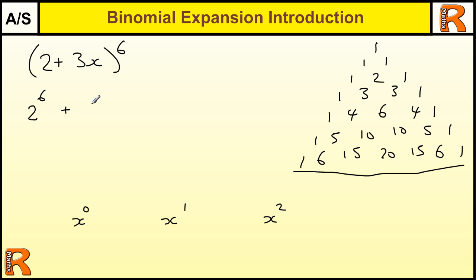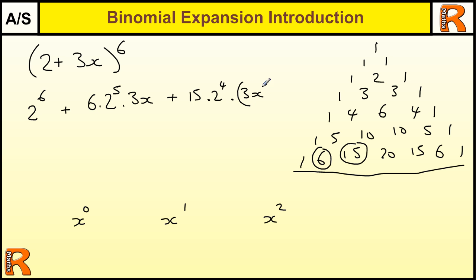Our second term is going to be 6 lots of 2 to the power of 5, because the powers go down, times 1 power of 3x, so times 3x. And then for the x squared term, I'm going to have 15 as my third term, times 2 to the power of 4, because the 2's are coming down, times 3x, and that's going to be squared, so I'm squaring the 3x.